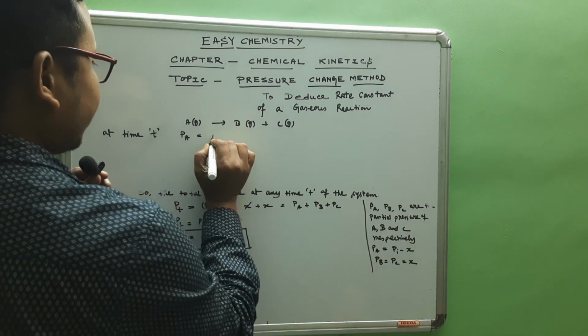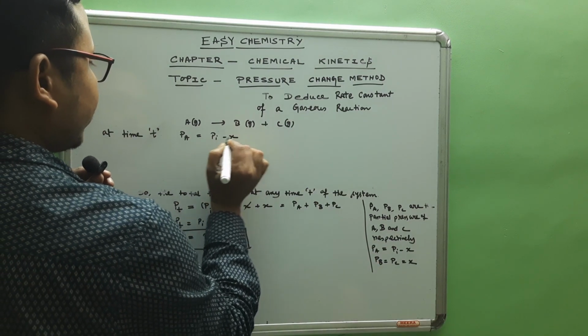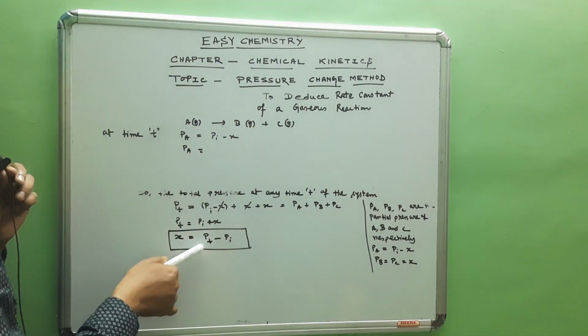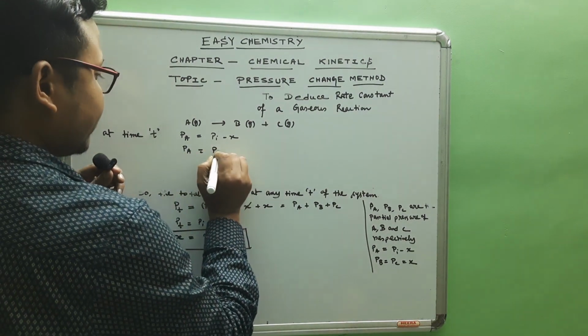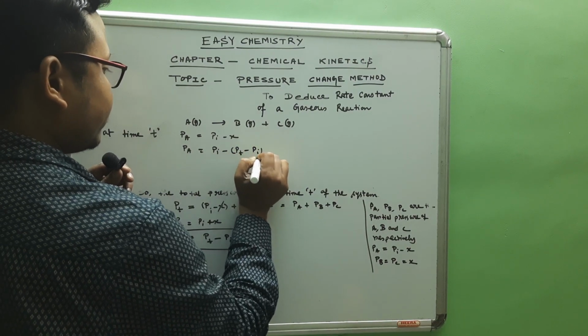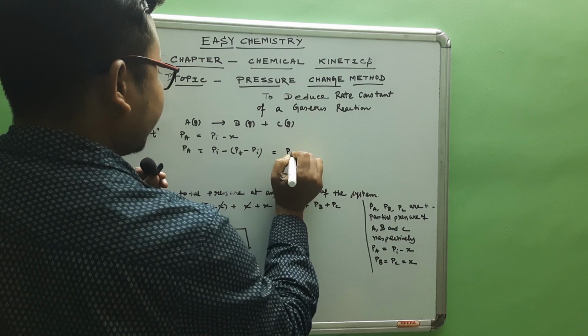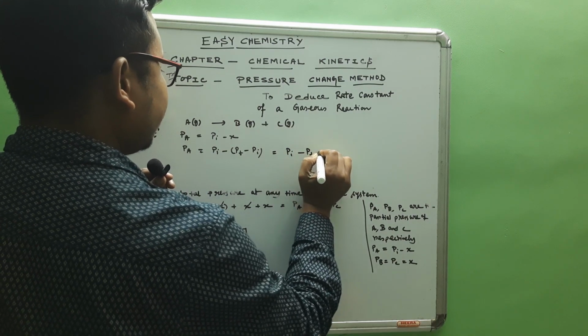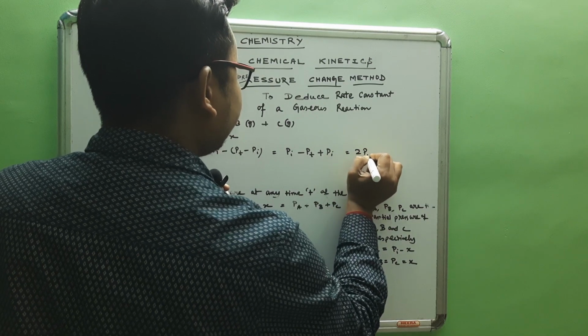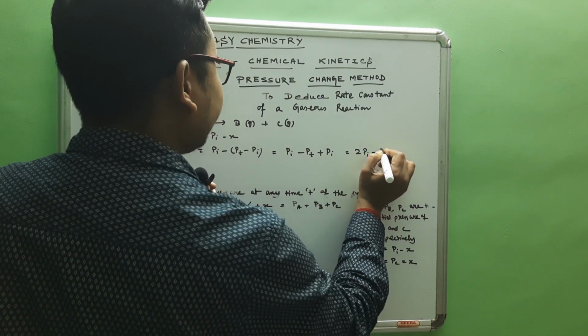Pa will be Pi minus x. And what is the value of x? The value of x is Pt minus Pi. So it gives Pi minus Pt plus Pi, that means 2Pi minus Pt.